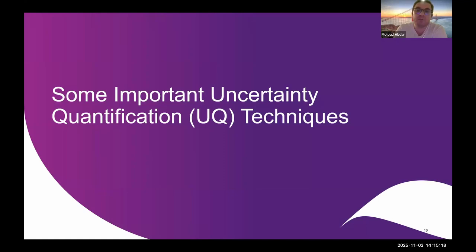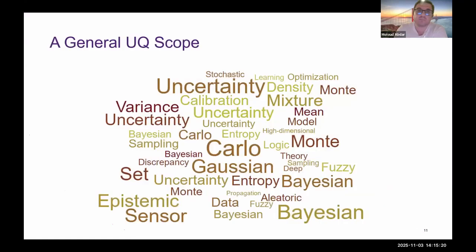The general UQ scope comes through different models like Monte Carlo, entropy, Gaussian, Bayesian techniques, density-based models, energy-based models, stochastic modeling, and so on, and older ones like fuzzy modeling that have been used in the literature.